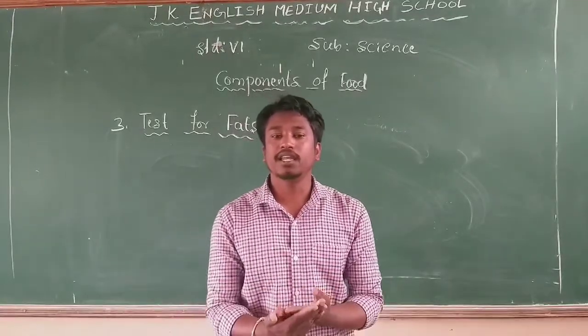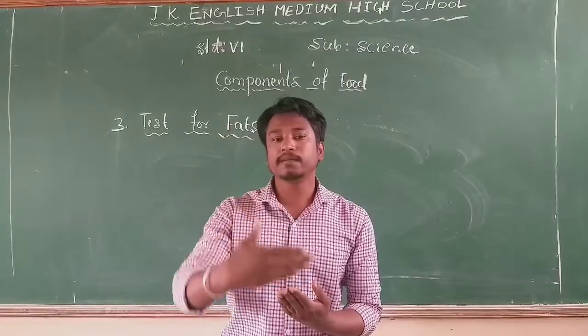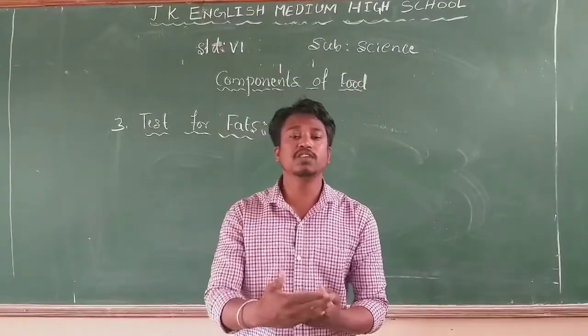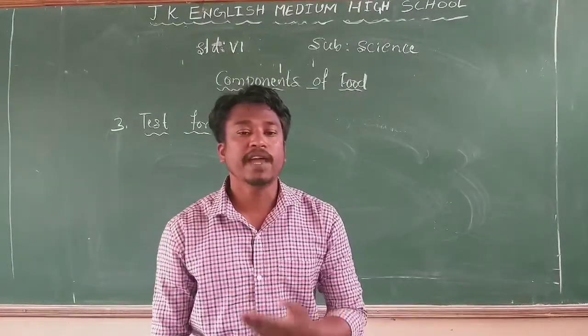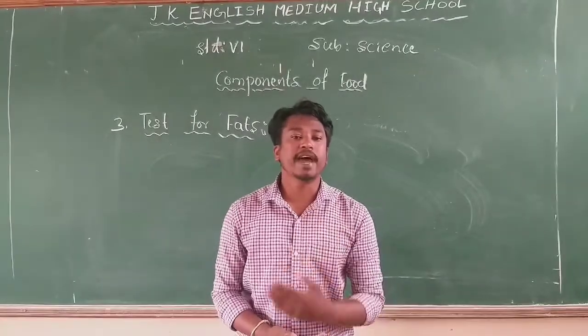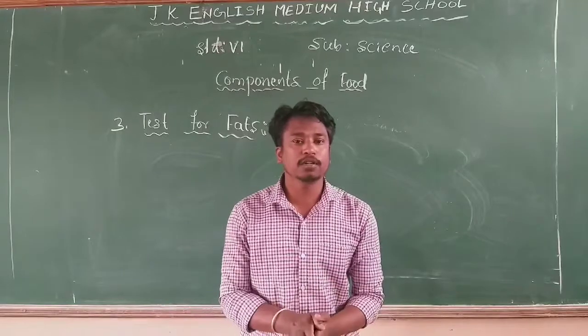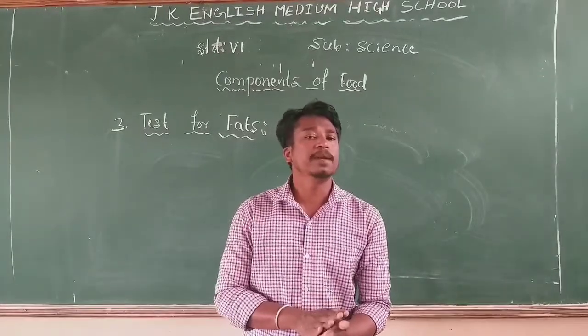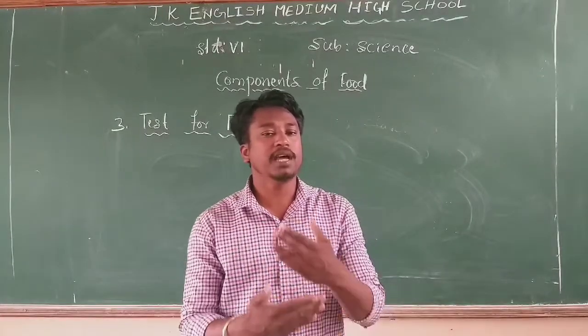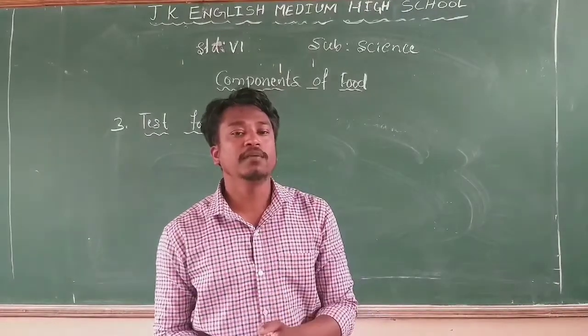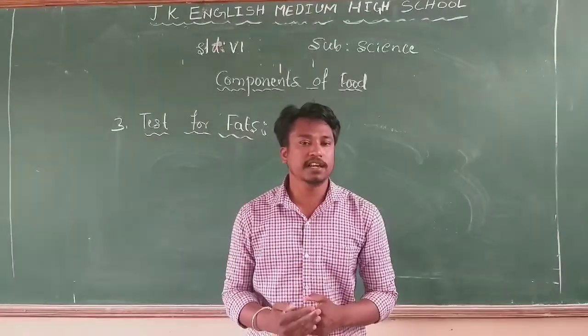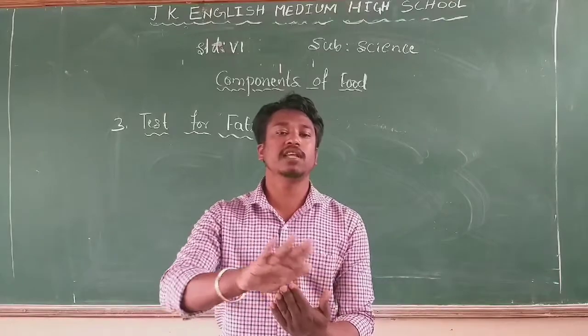Are you getting any oily patch on that paper? That oily patch shows you that the food contains fat. Fats are nothing but oily products. If the oil component is present in the food, we will get oily fats on that paper.